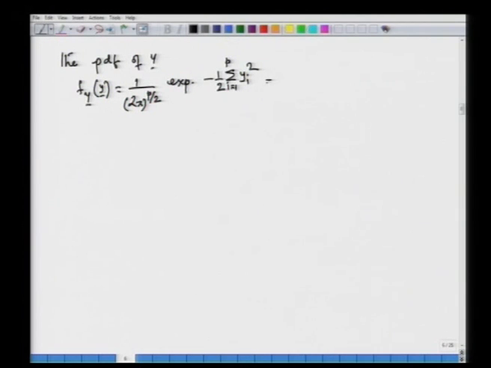Well, I can write this in the matrix notation. This is 1 by 2 pi to the power p by 2, and the exponent part is minus half y transpose y. Note that we have used a transformation. So, we have to talk about the Jacobian of the transformation before we get back to the PDF of the original variable, that is x.